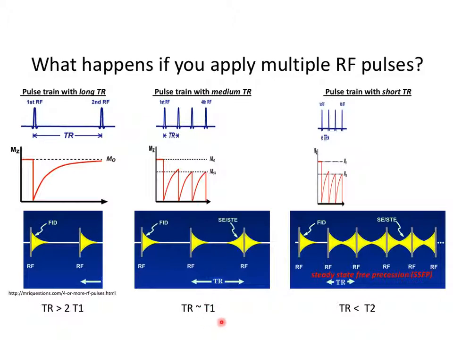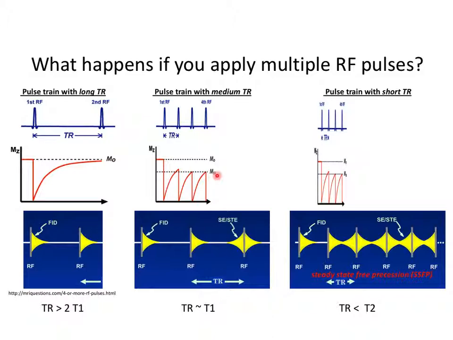When this delay is set to on the order of T1, as T1 gets shorter, pixels get brighter. As T1 gets longer, pixels get darker. So if you are interested in T1 contrast, this is a good way to do it.